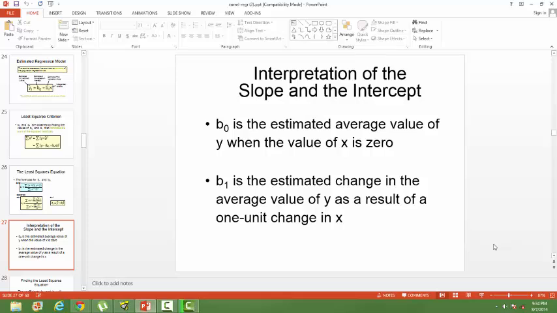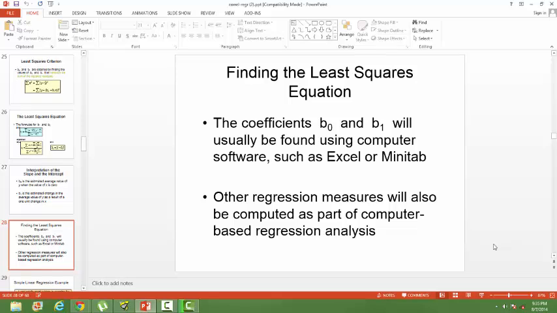So what is the difference between 2.6 and 1.8? It's 0.8. That means when you increase x by 1 unit, the corresponding increase in the y value is nothing but your slope coefficient. So if you increase x by 1 unit, y will go up by 0.8 unit. That is the explanation for the slope coefficient.